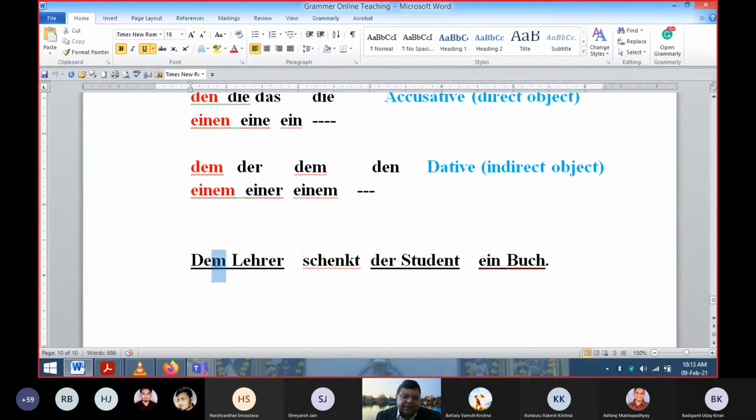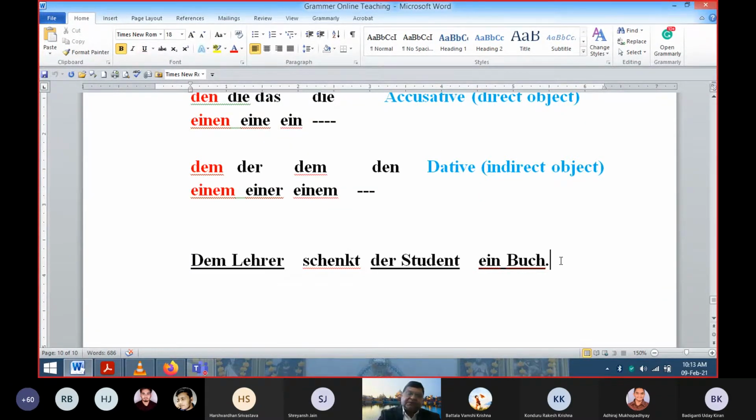They tell the gender of the noun, the number of the noun, and the case of the noun. Case means whether this particular noun is a subject noun or an object noun, and further whether it is a direct object or indirect object. So this one article tells three things, and accordingly you will translate and get the exact meaning of the sentence.